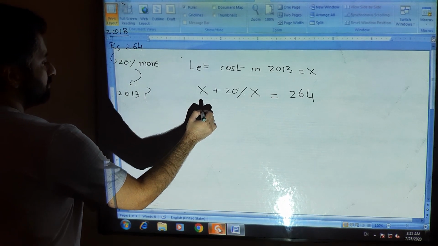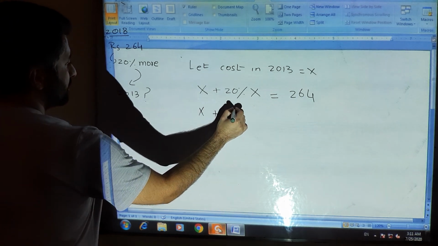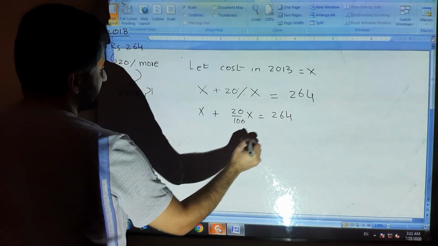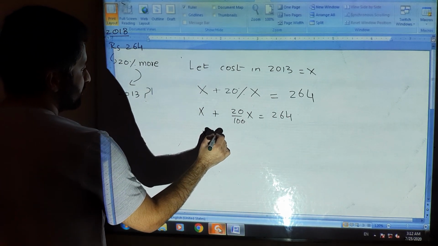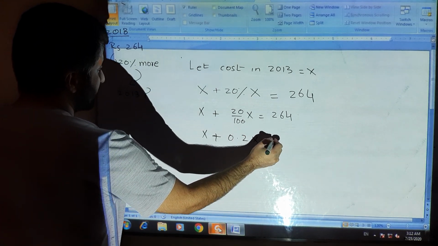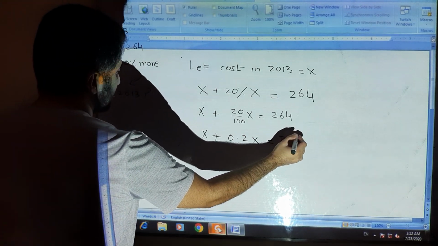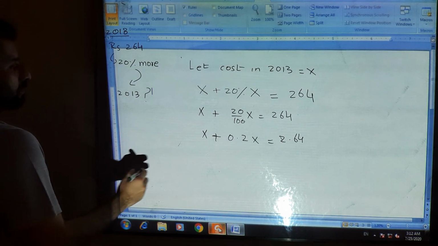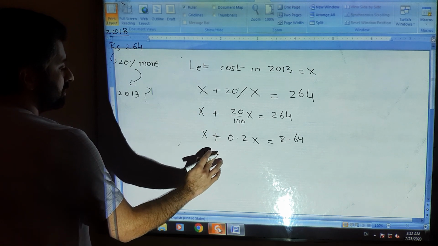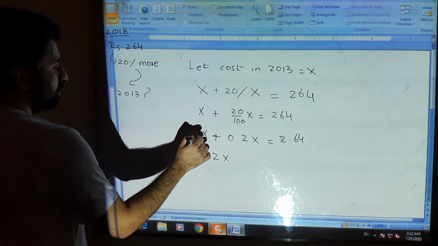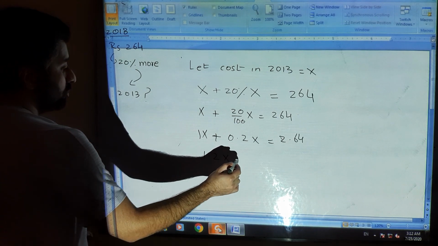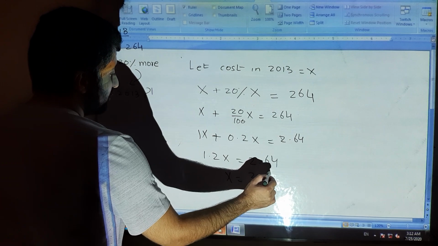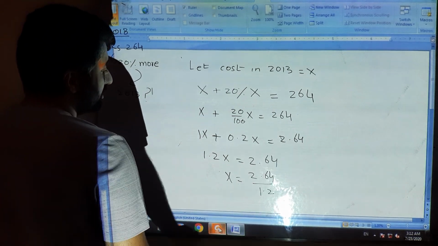Well, that is x plus 20 over 100 x equal to 264. That is x plus 0.2x equal to 264. 20 over 100 is 0.2. 1x plus 0.2x is 1.2x equal to 264. x equals 264 over 1.2.